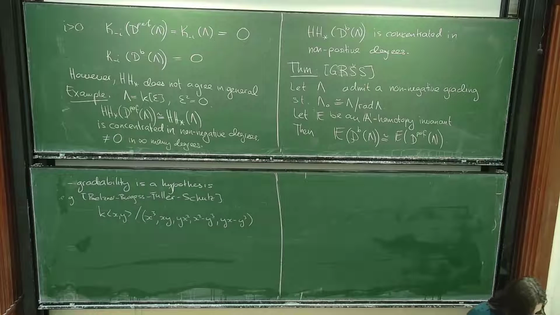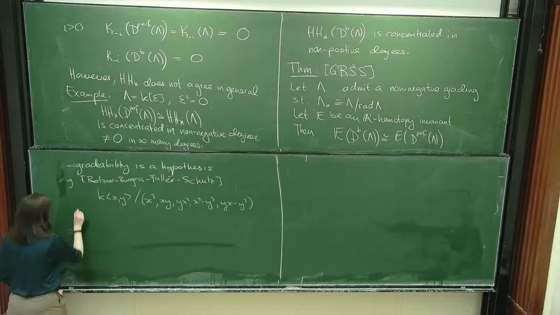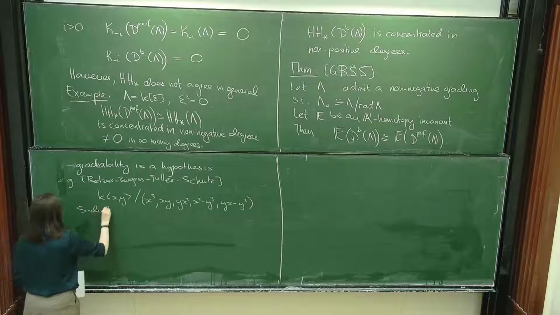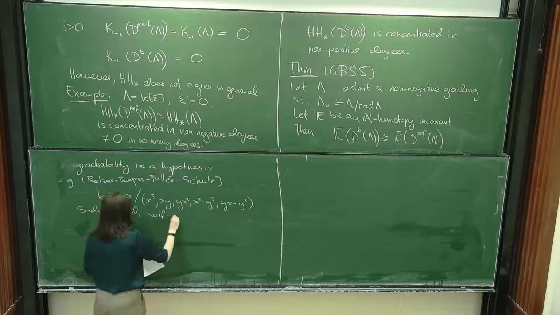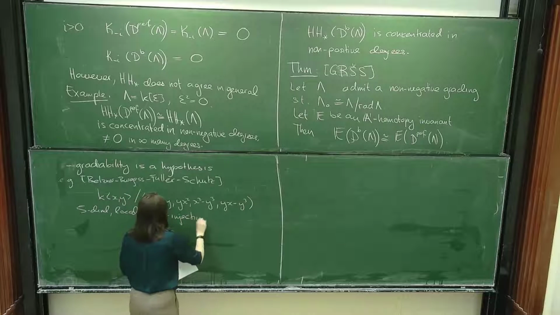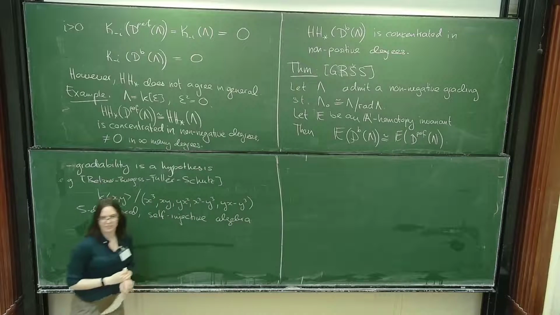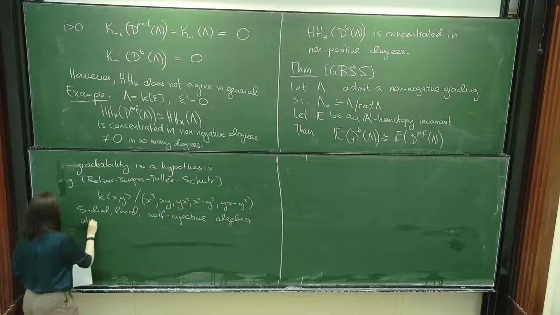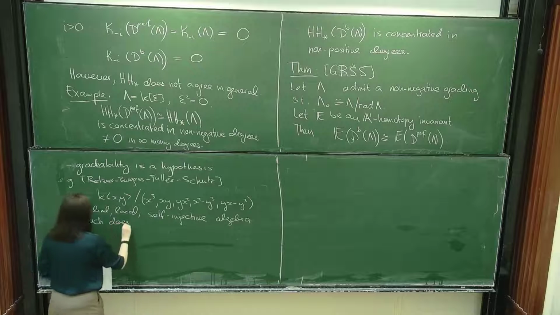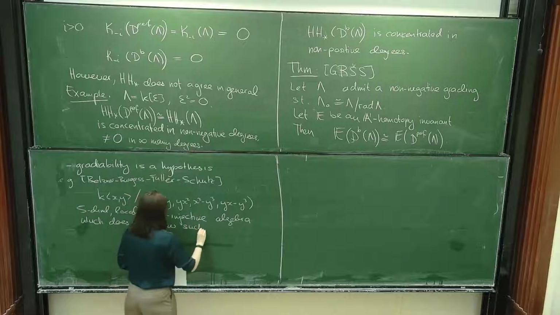So that thing is a 5-dimensional algebra. It's nice, it's local, it's self-injective, but it does not admit a non-negative semi-simple grading.